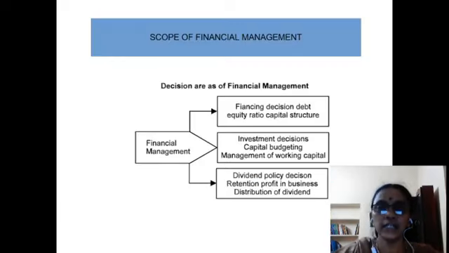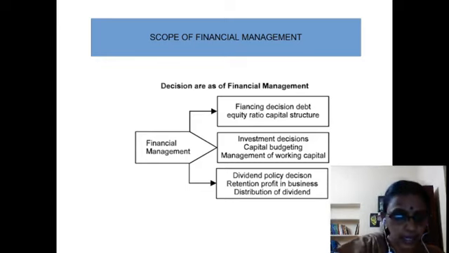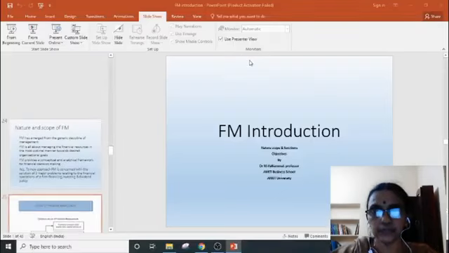Essentially, these are the three important areas of financial functions and the decision making for financial management, which shows the scope of financial management. In the next video, we will explore the scope of financial management and the decision making of the financial management areas in detail.